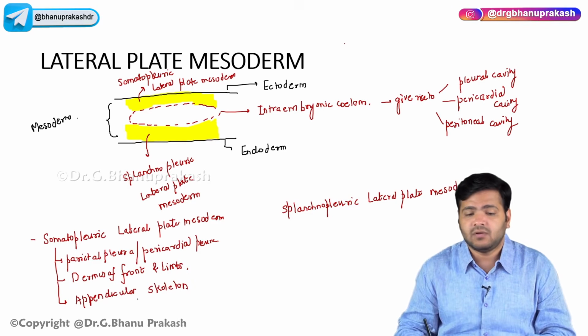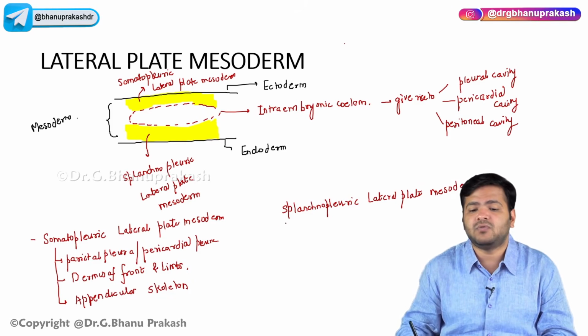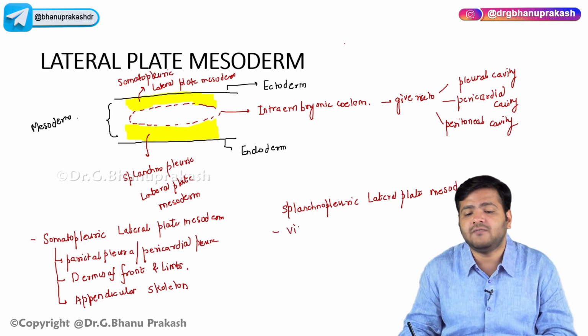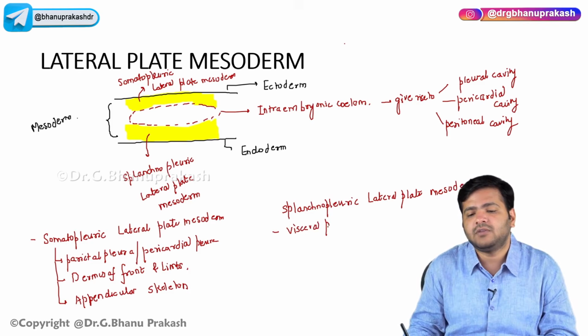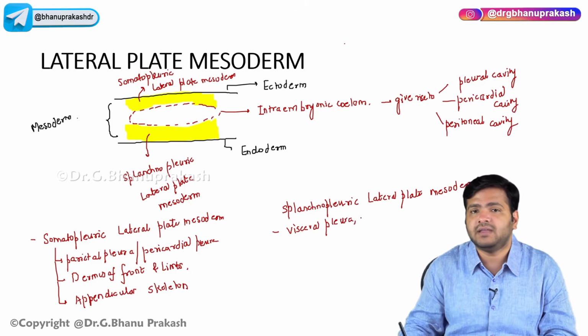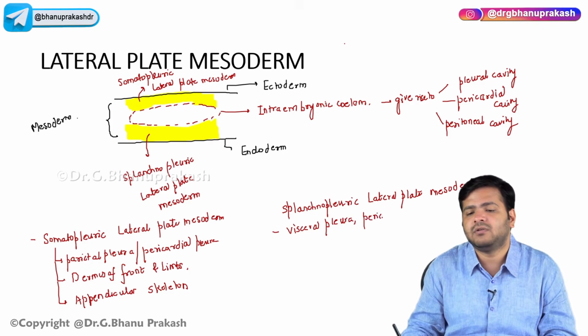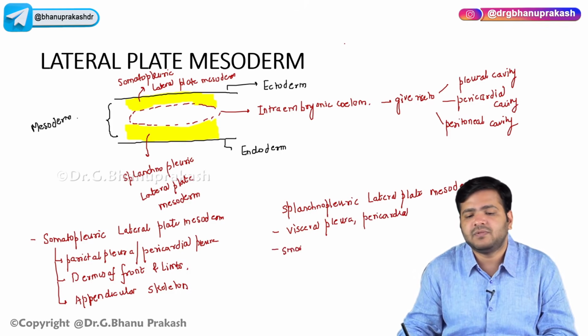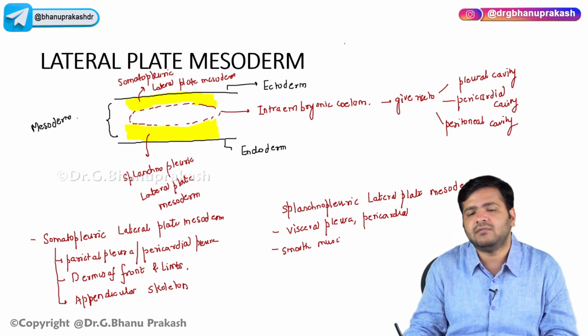Splanchnopleuric mesoderm, the lateral plate. If somatopleuric originates the parietal pleura, then splanchnopleuric will be the visceral pleura, right? It will be the pericardial. Apart from that, we have the smooth muscles and the cardiac muscles, right?